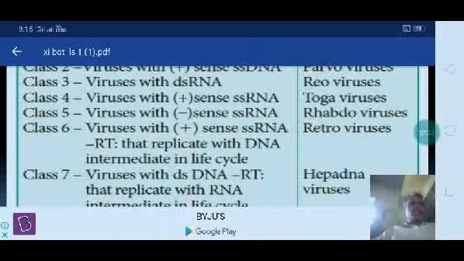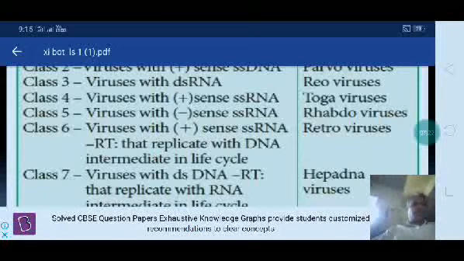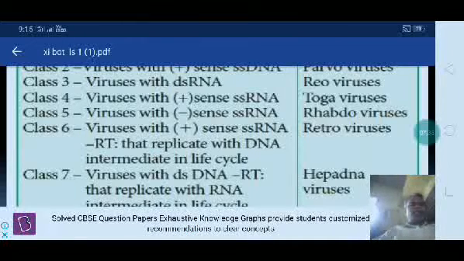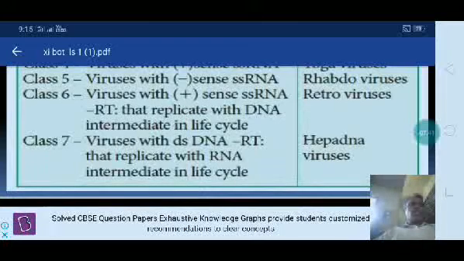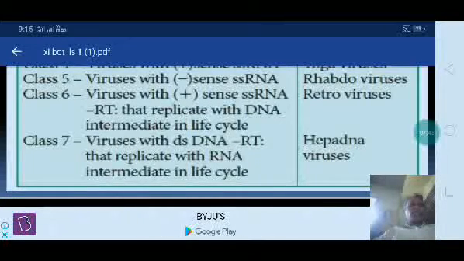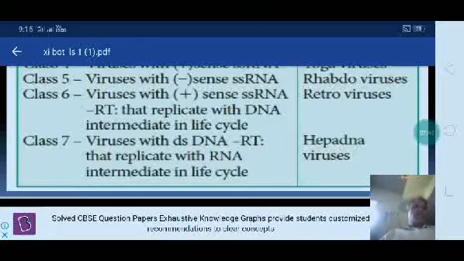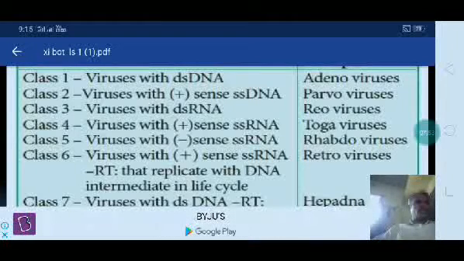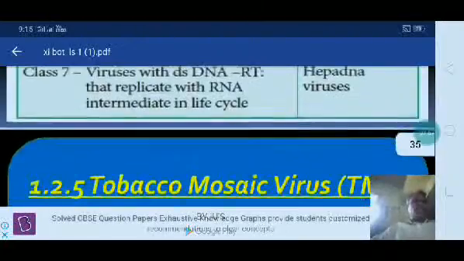And also the last ones: RT, reverse transcriptase, viruses that replicate with an RNA intermediate, and viruses with double stranded DNA that replicate with a DNA intermediate in the life cycle, the hepadnaviruses. Some examples are adenovirus, parvoviruses, reoviruses, togaviruses, rhabdoviruses, and retroviruses.